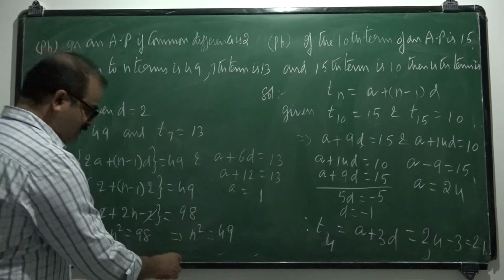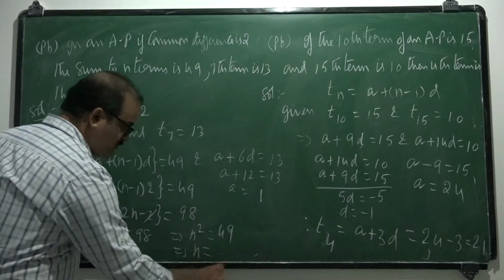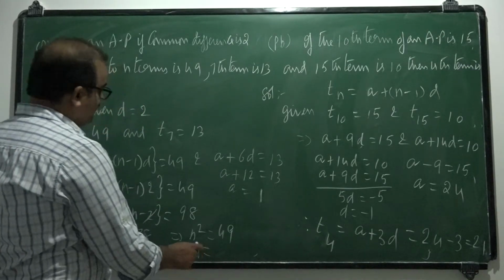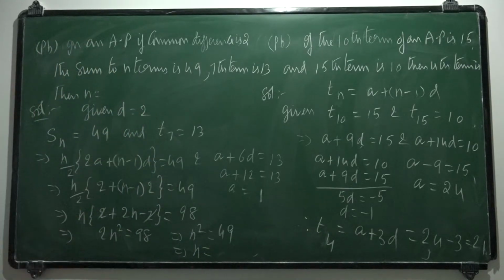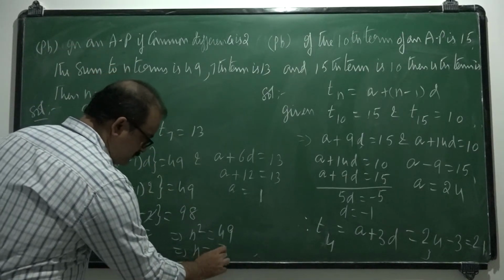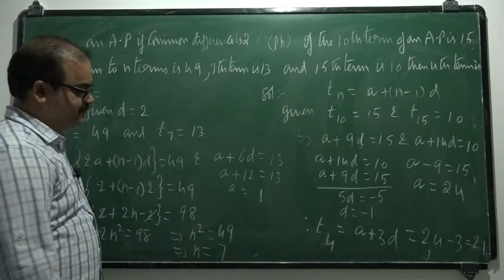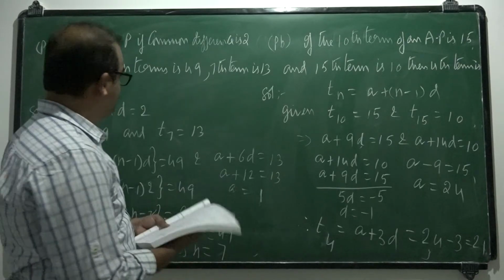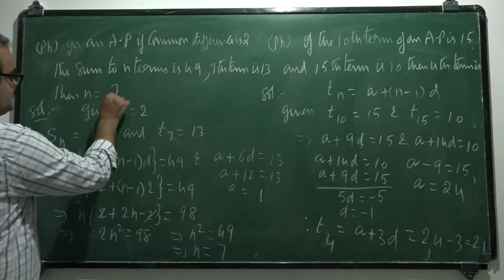If n square is equal to 49, then n is equal to plus or minus 7. But n represents number of terms, and number of terms is always positive. So n is equal to plus 7, it is not minus 7. So the value of n is 7.